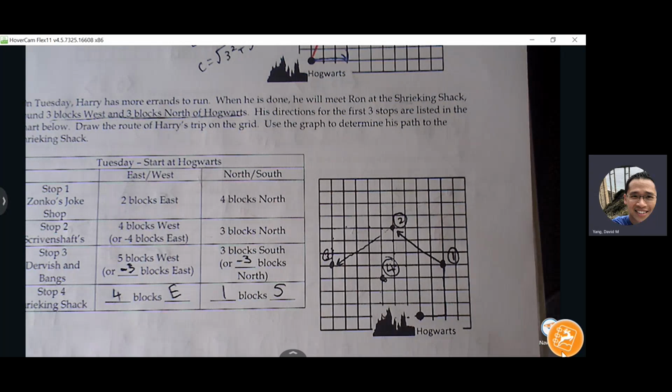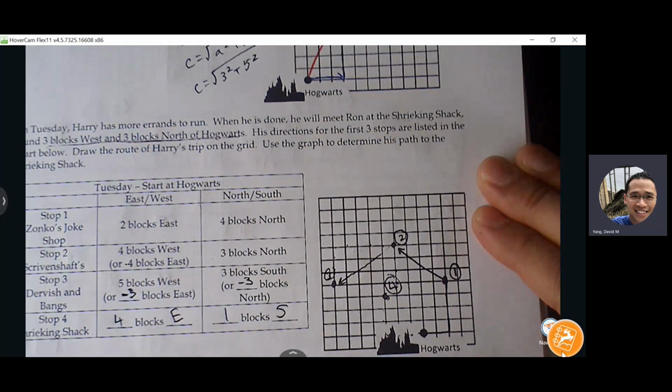So the next page, we're going to put it together in terms of defining a vector's magnitude and defining the vector's direction, which is what we did yesterday. Just here it's in the form of word problems and tasks.